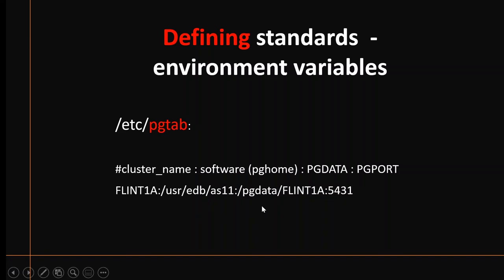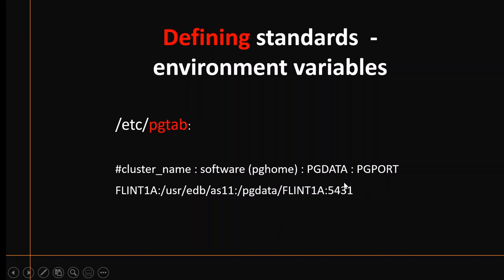Now, acceptance servers only host one instance, so you see only this one line. And every piece of information is separated by a colon. So it says instance name, colon, location of the software, colon, location of the data, colon, port.